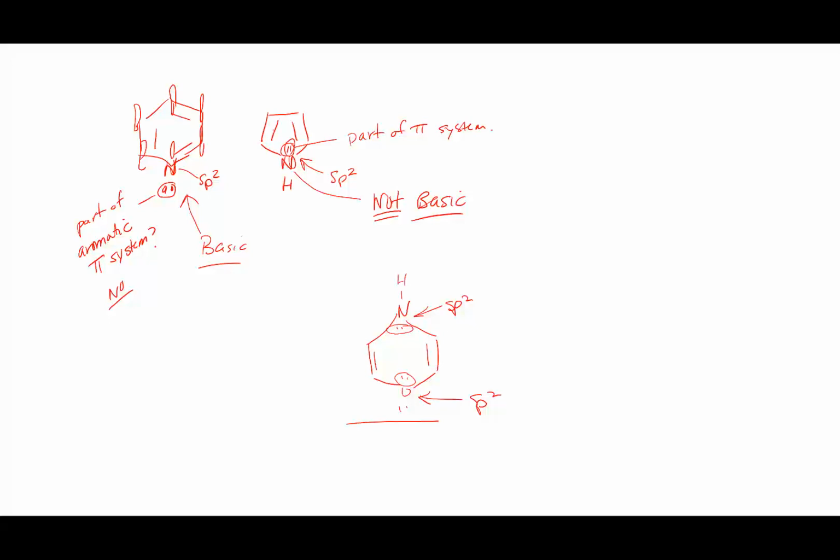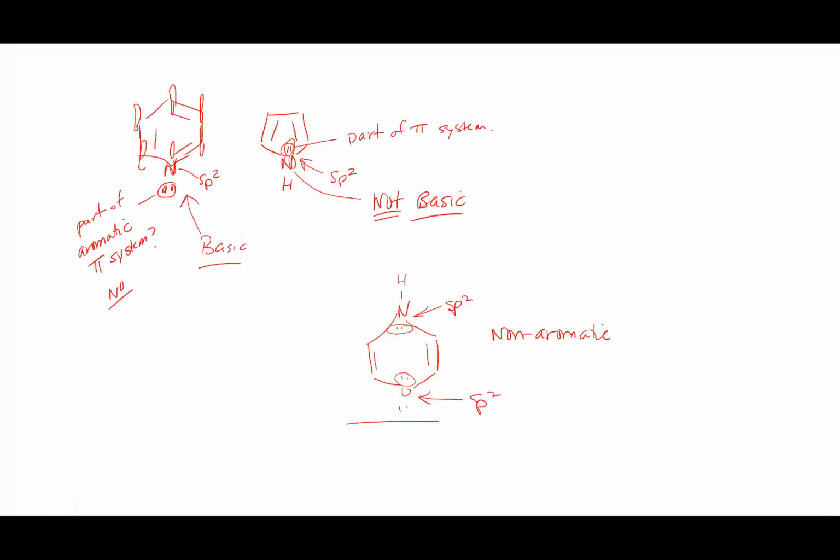And so for both of these atoms to be sp2 hybridized, the system would become anti-aromatic. The system is not going to choose that, because remember, it had to choose to be sp2 for each one of those two atoms. If it chooses only one, then it's going to be non-aromatic.